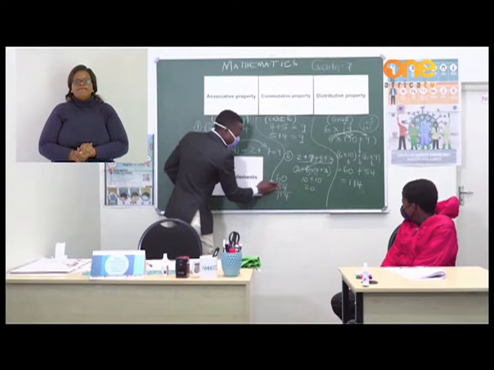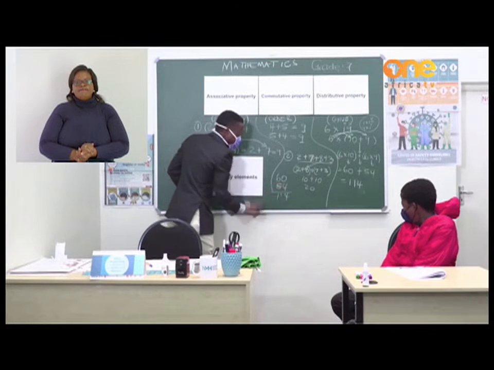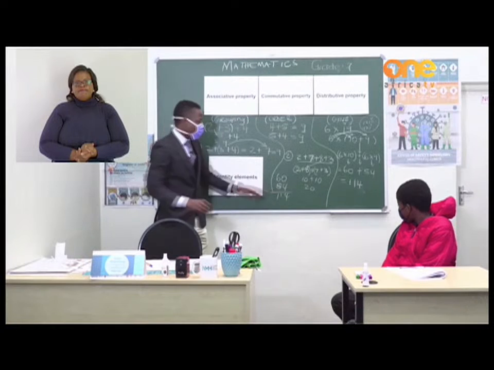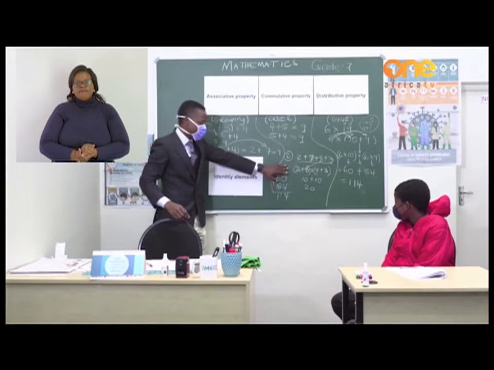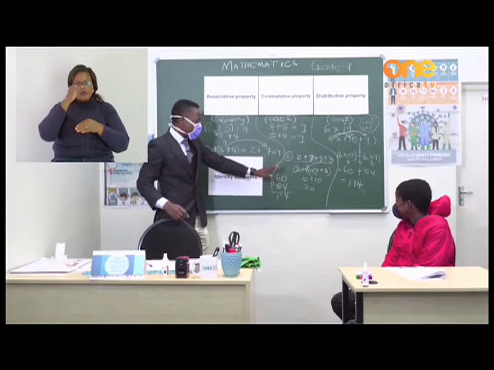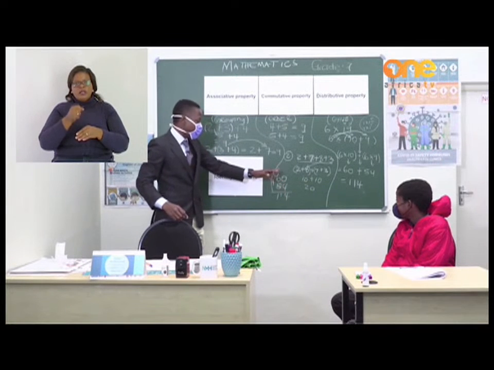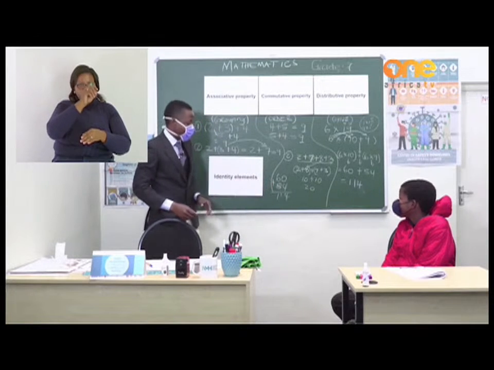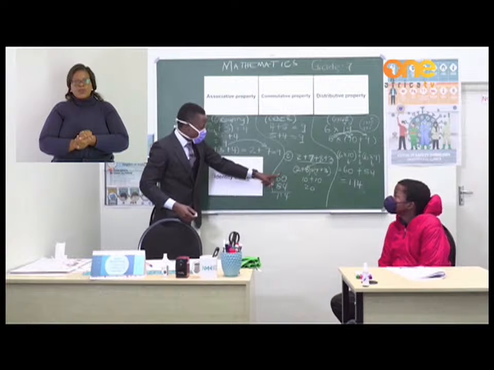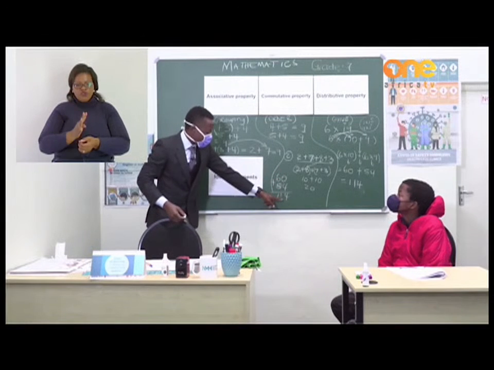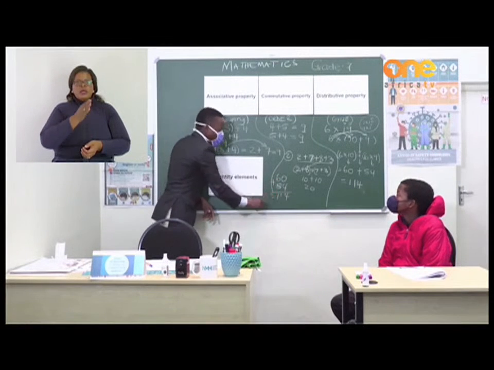What I've done here is the standard algorithm, which is the most key part we do in grade 7. When we add our numbers, we must add them in a vertical way. A unit straight with a unit, a tens straight with a tens. So that's why I did it that way. If you add these two you get 4, if you add these you get 11, so the answer will be 114.